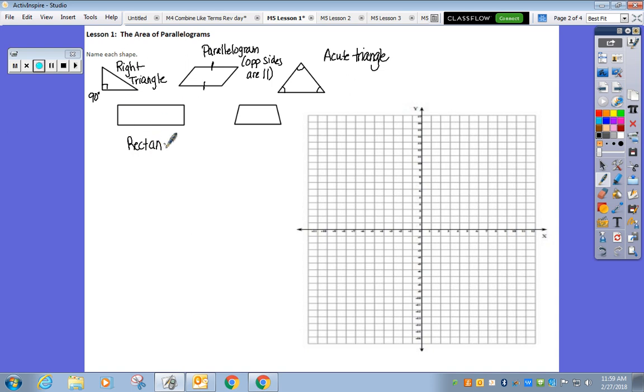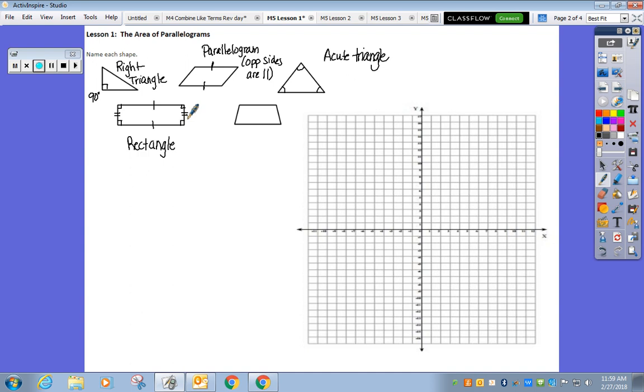What makes a rectangle is that it has 4 90-degree angles. Opposite sides are parallel, so this side and this side would never touch, this side and this side would never touch, and they're also equal. So this is the same length as this side is the same length as this side.